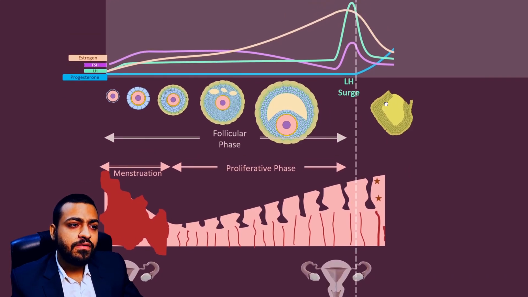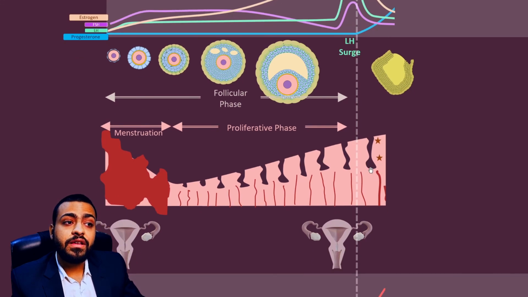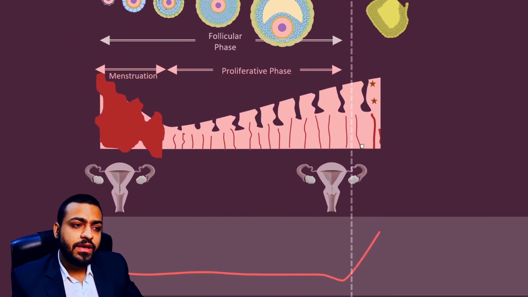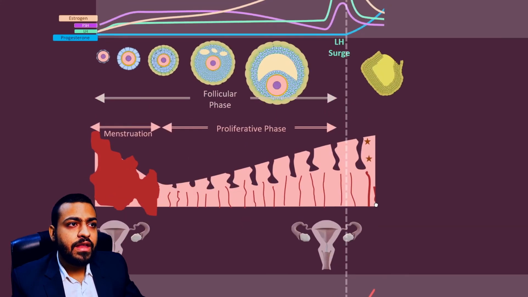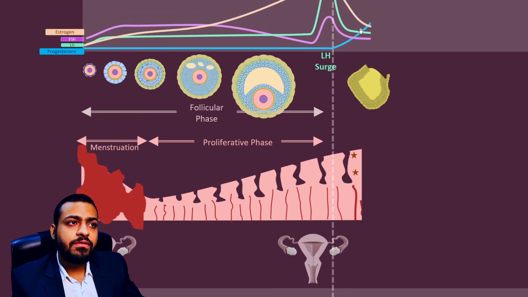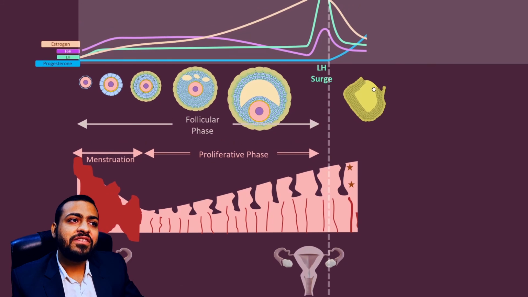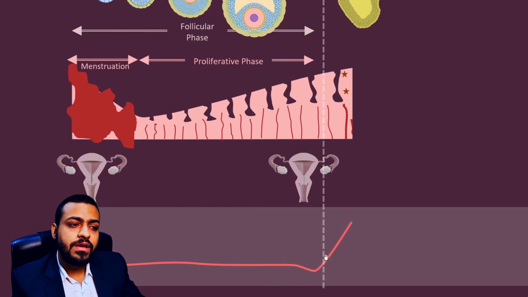And during this time period there are not many changes in the uterus, and not many changes in the cervix as well. But regarding the basal body temperature, as soon as progesterone level begins to rise, there will be a slight rise in basal body temperature as well.